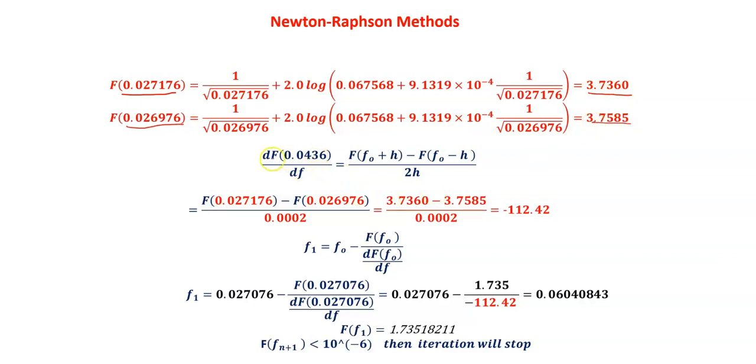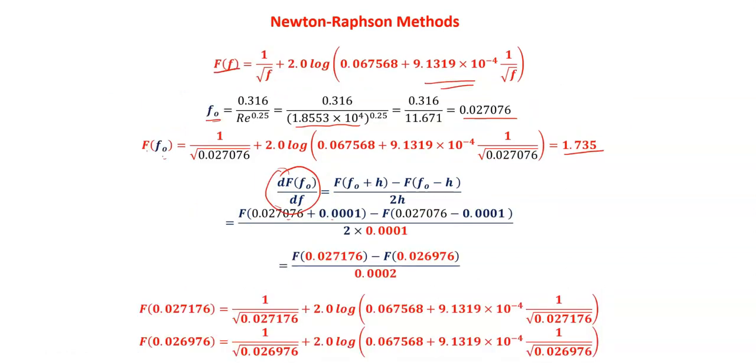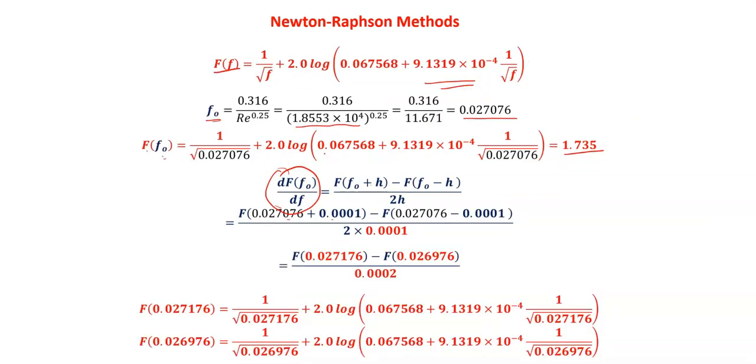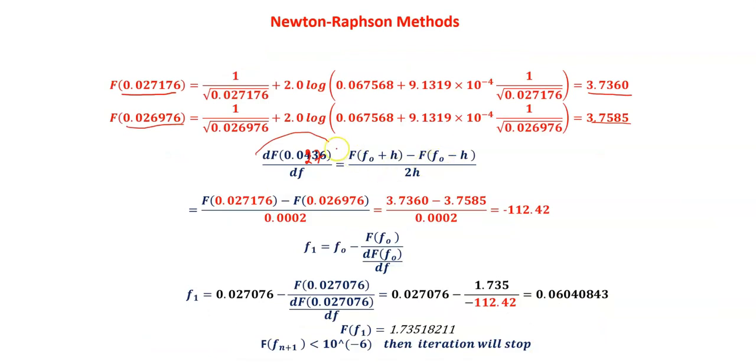Now if we plug in all these values, so this is 0.0276. Okay, so that is there. If you put all together, that will give the derivative.